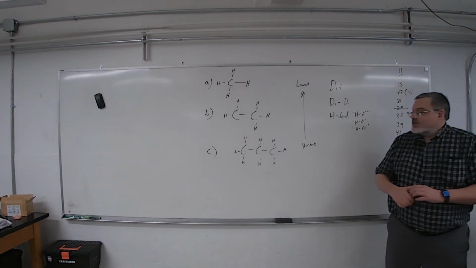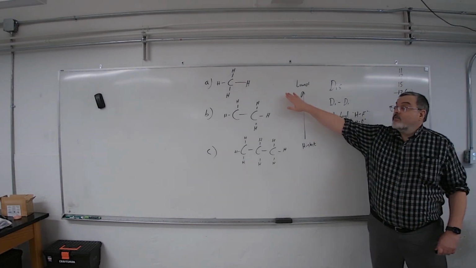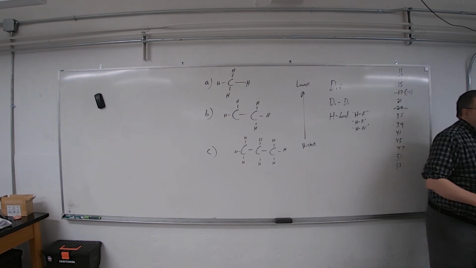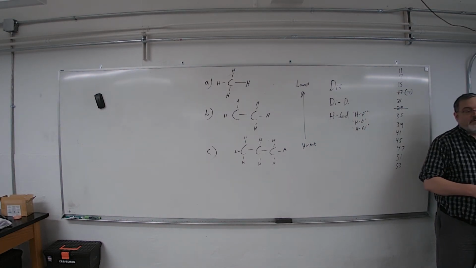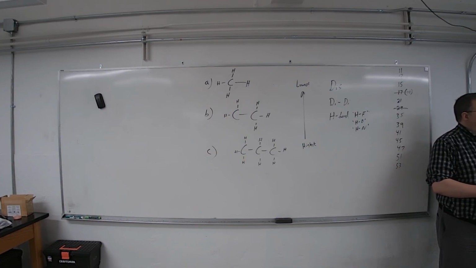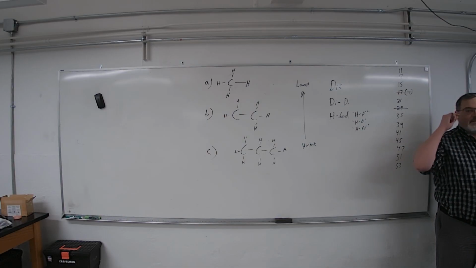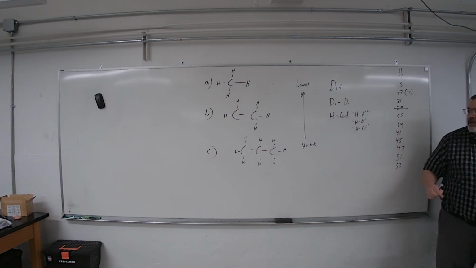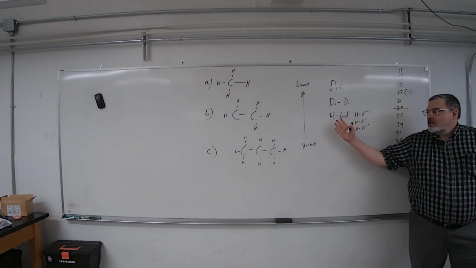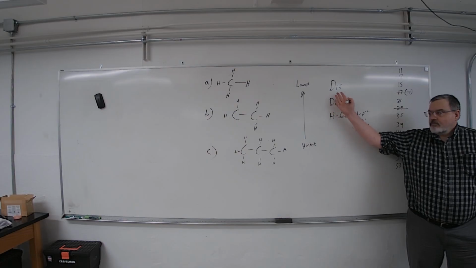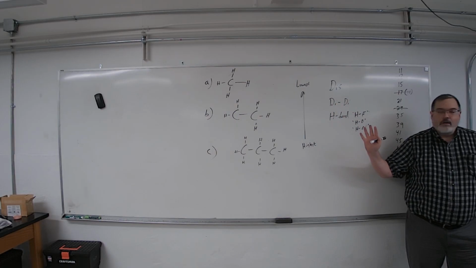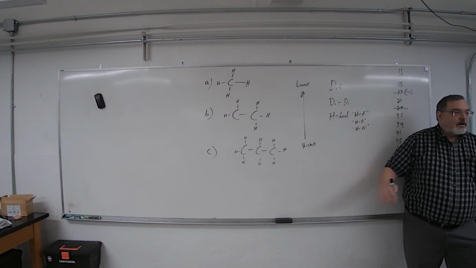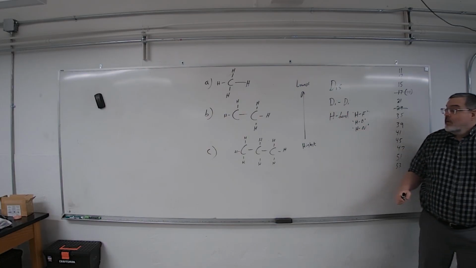Why is the enthalpy of vaporization higher for this and lowest for this? Think in terms of intermolecular forces. You say size? Size. None of them have this. It helps to remember that carbon to carbon and carbon to hydrogen are not polar, so you don't get dipoles with carbon to hydrogen and carbon to carbon.